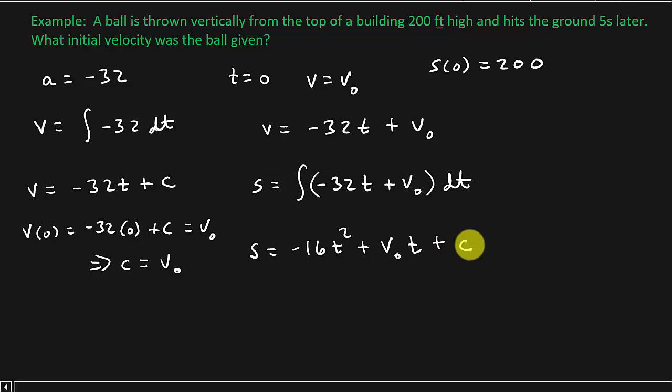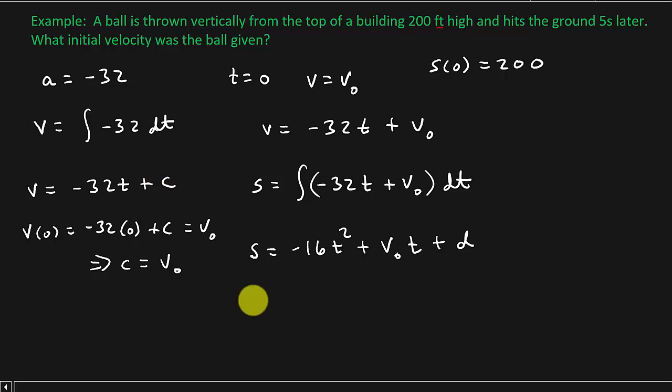Now, I used c here, so I'm going to change this one to d. If you wanted to, you could use c1 and c2. It doesn't matter. Just use a different letter so you don't confuse it with this c.